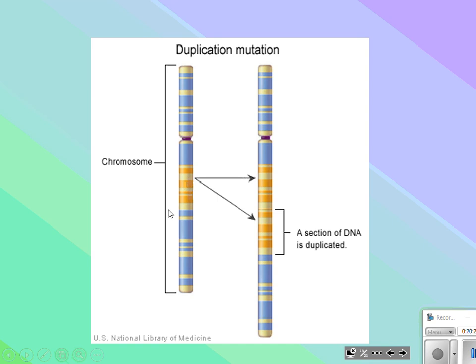It's in yellow. Okay, it's in yellow right here. I have that same one, but now it's duplicated again. So I have it twice. So the duplication of that piece of DNA, that chunk, that segment, has happened twice.